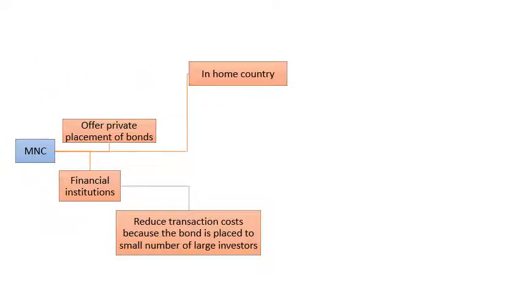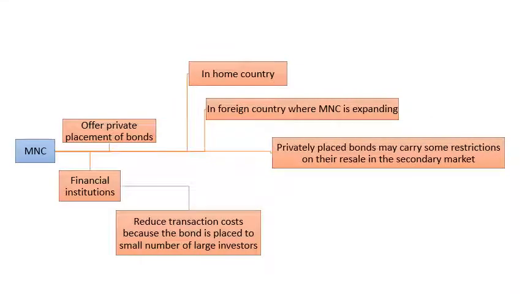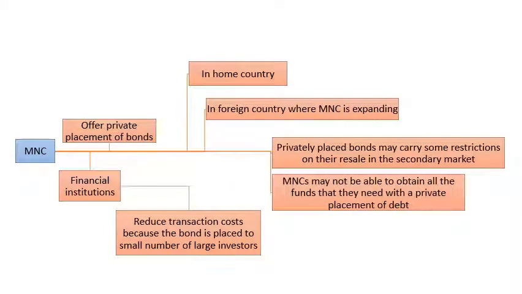The main disadvantage of private placement relative to investors is that privately placed bonds may carry some restrictions on their resale in the secondary market. Thus, they may offer limited liquidity to investors. Moreover, the multinational corporation may not be able to obtain all the funds that it needs with a private placement of debt.